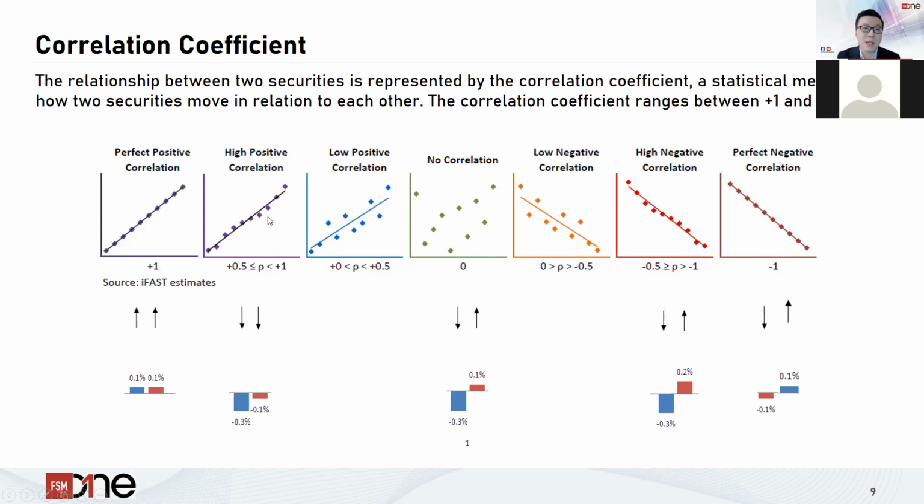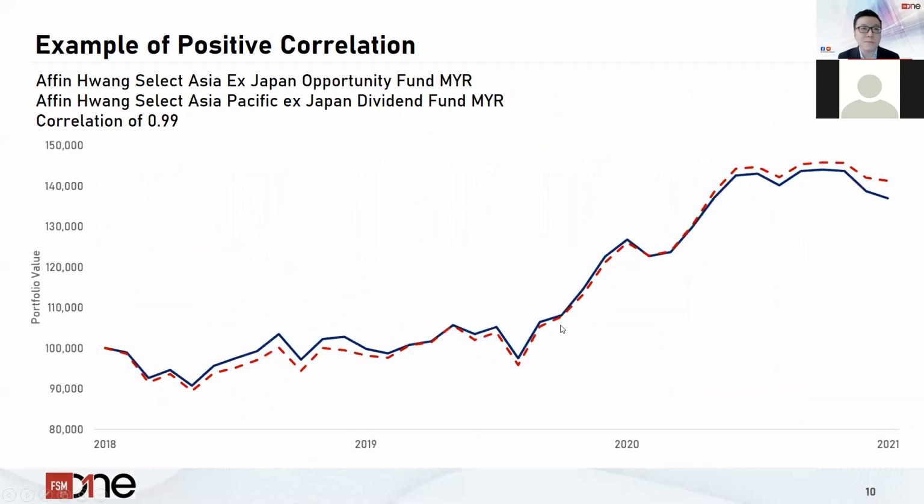There is also high positive correlation and low positive correlation. Typically, when the correlation coefficient between two assets ranges between 0.5 and 1, it is high positive. If it ranges between 0 and 0.5, it is low positive correlation. Similarly, for negative correlation, there is also low and high negative correlation, as you can see here.